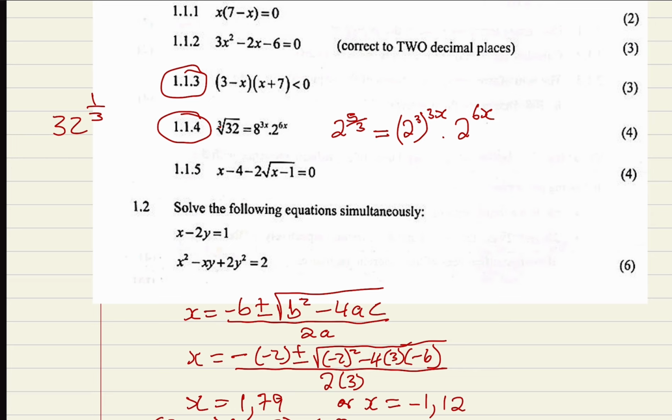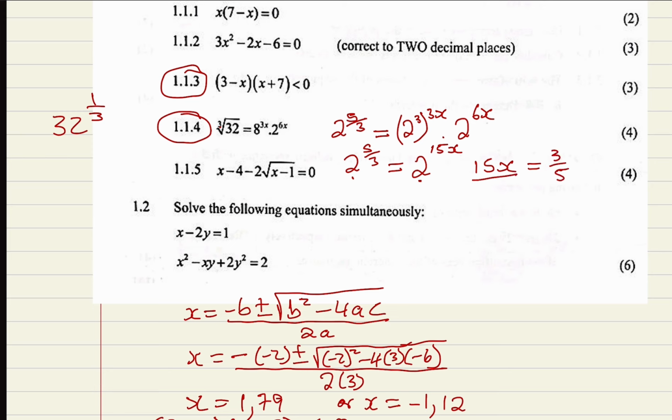Then from there the bases are the same. You'll have 2 raised to 5 over 3 equals, then here it's 9x plus 6x, which will give us 15x. Then the bases are equal, you simply equate the exponents. So you'll have 15x equals 3 over 5.